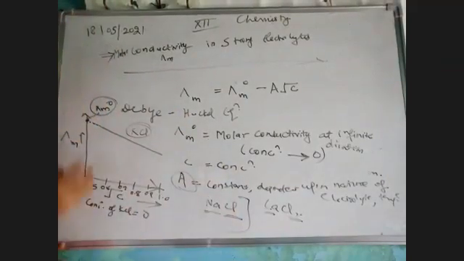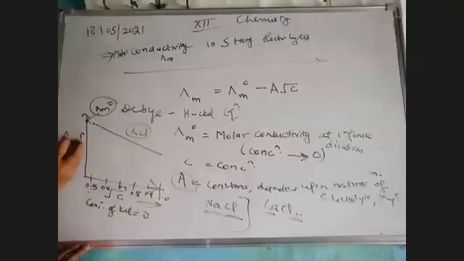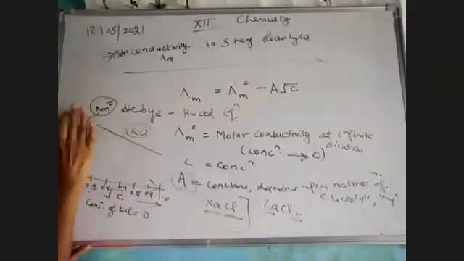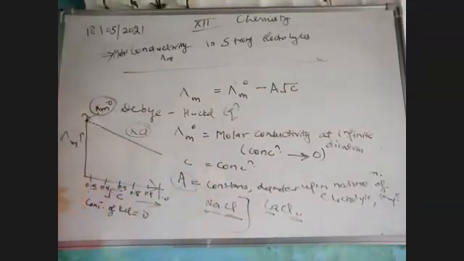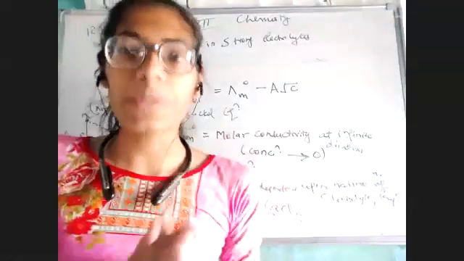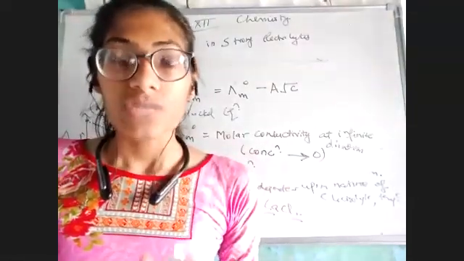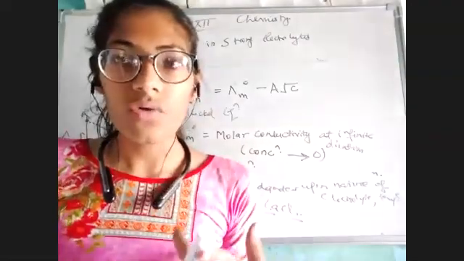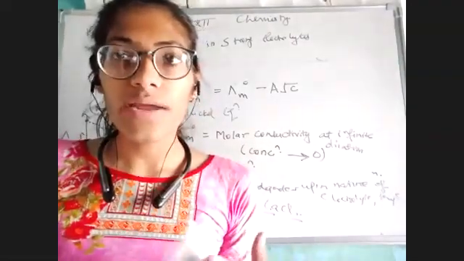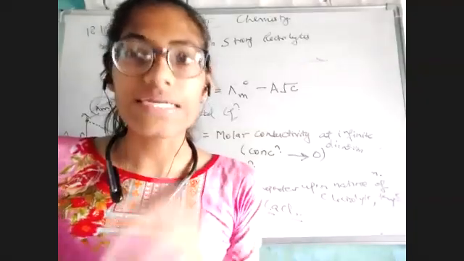Another point he said is that whenever we plot a relation between lambda m and C, it is almost a straight line. That means they are both almost dependent upon each other. So this is the relation of strong electrolyte with dilution, with concentration.